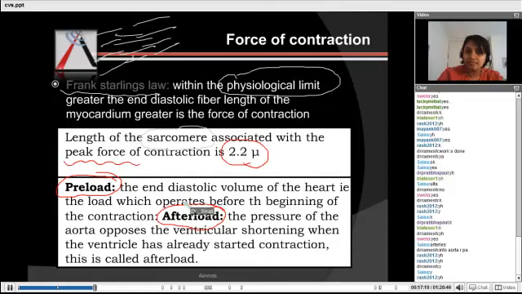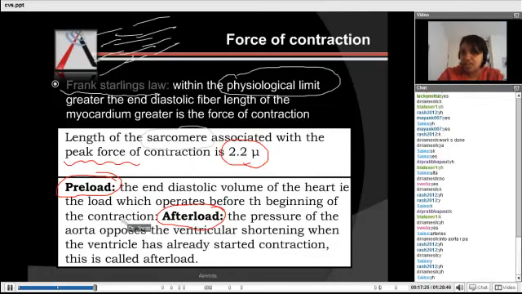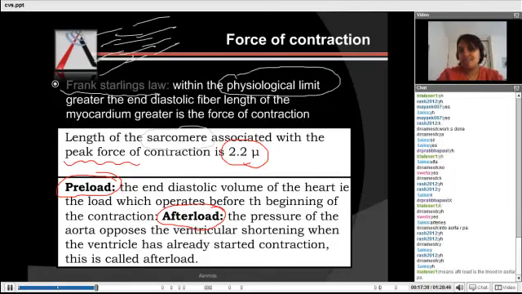Clear? Look at it. Preload, the end diastolic volume of the heart, is the load which operates before the beginning of the contraction. Afterload is the pressure of the aorta that opposes the ventricular shortening when the ventricle has already started contracting.